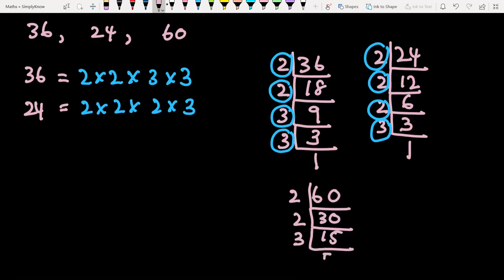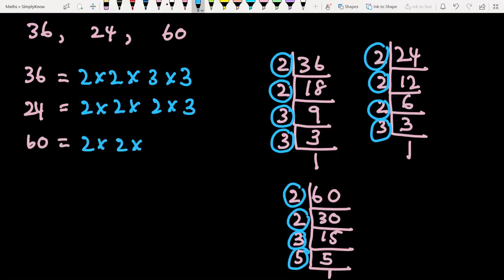Then we get 5. 5 is not divisible by 3, but it is divisible by 5. And finally, we get 1. Now, 60 as a product of its prime factors is 2 times 2 times 3 times 5.